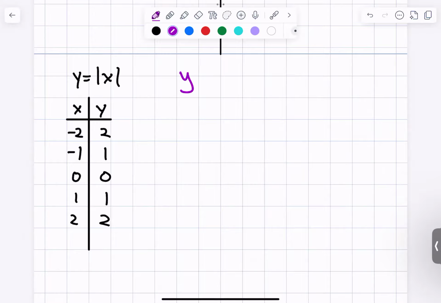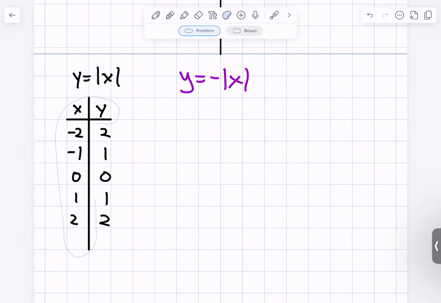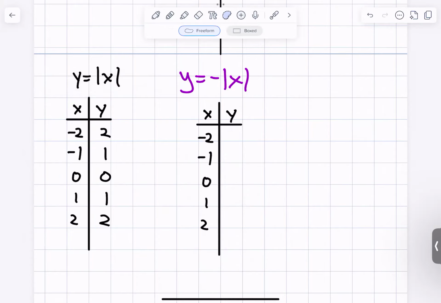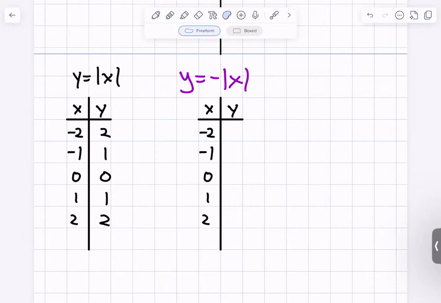And then we go to y equals negative absolute value of x. If it's negative absolute value of x, what changes? The x or the y? The y's would change, so I'm literally going to copy and paste the x values in my chart.